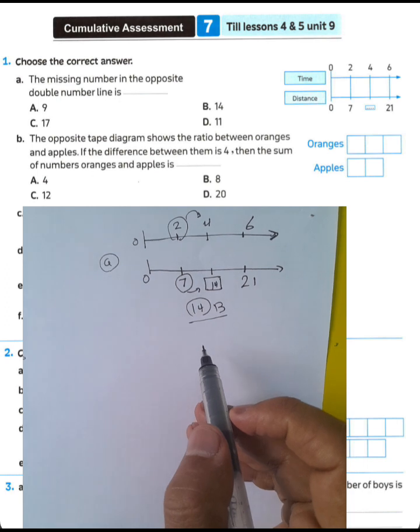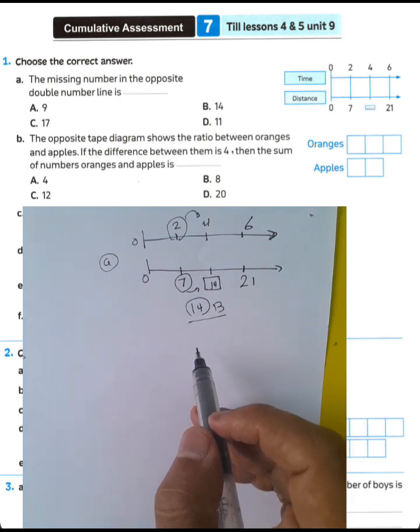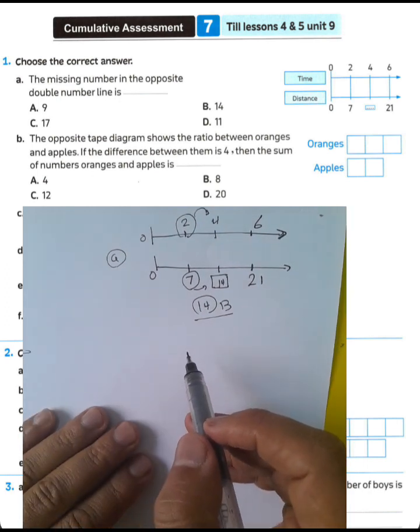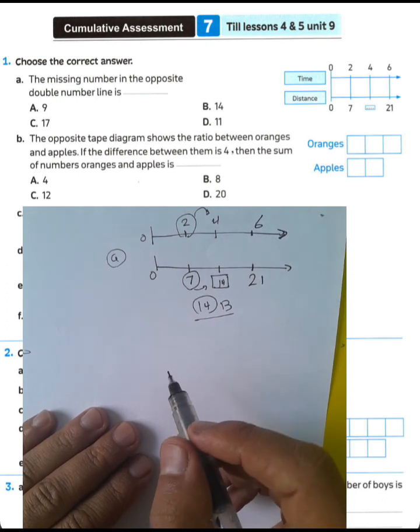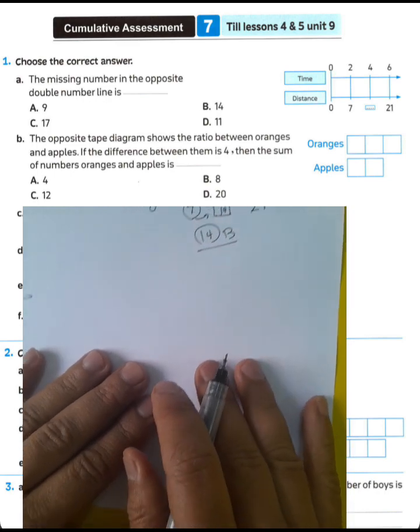We have the opposite type diagram, choose the ratio between oranges and apples. If the difference between them is 4, then the sum of the number of oranges and apples equals what? Okay.